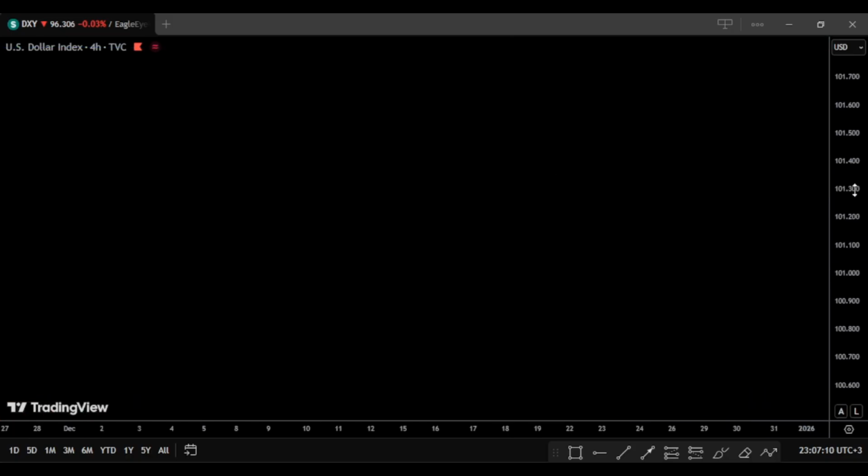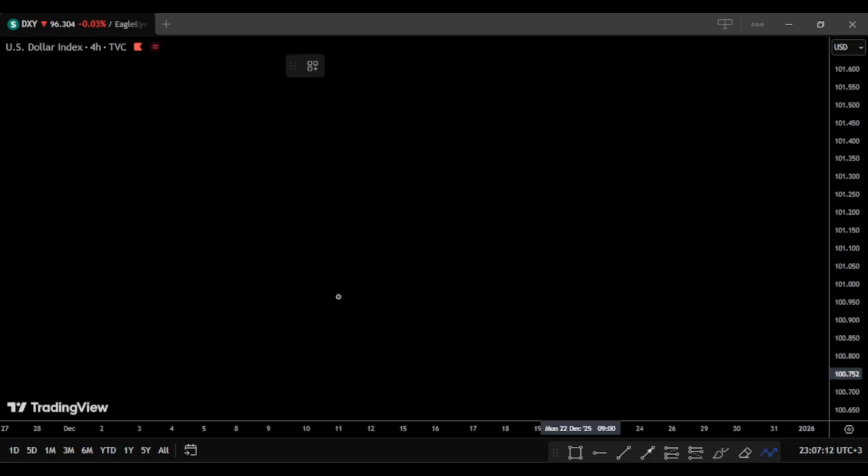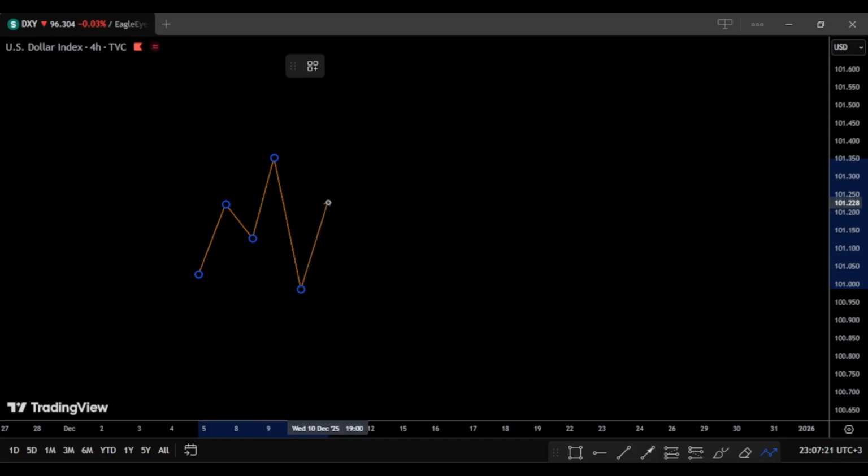For a sell, or a bearish QM pattern, we normally look for a break of structure, a change of character, and then we trade this level over here. So we want to see higher highs, higher low, higher high. Then this higher low is broken, and the market gives us a lower high. That's when we find our entry.